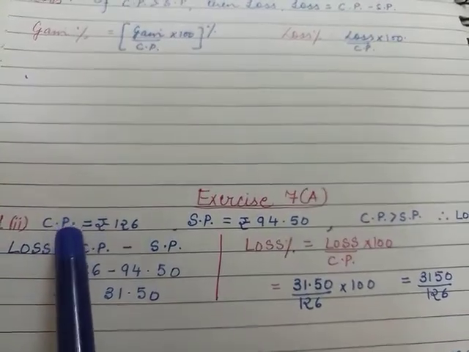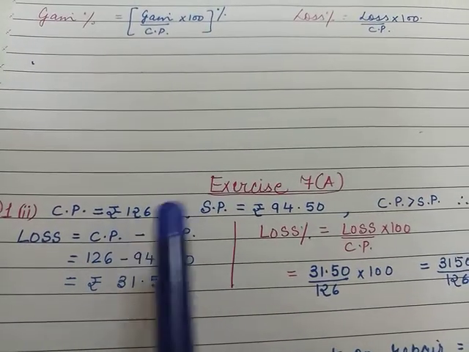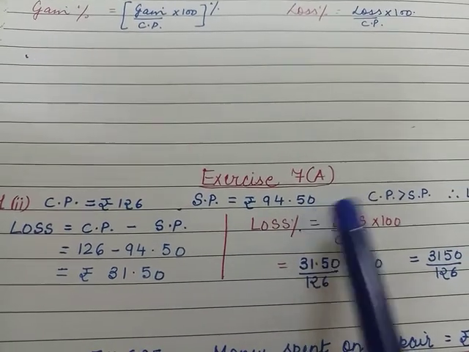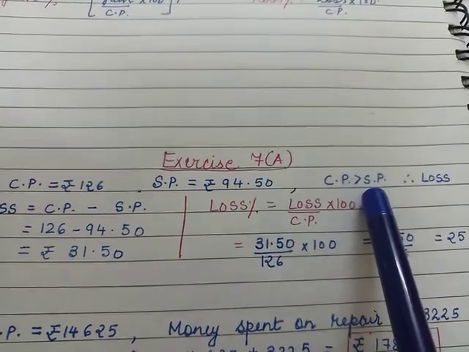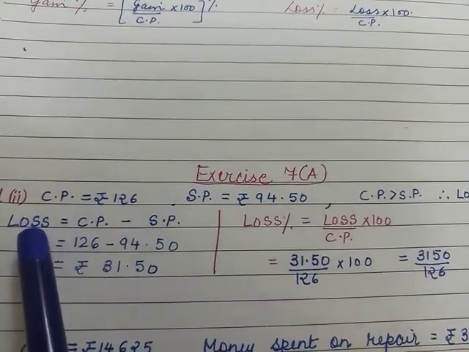In the second subpart, cost price is given rupees 126, selling price is 94.50. So obviously cost price is greater and the selling price is less, therefore it is a case of a loss. So how do we calculate loss?